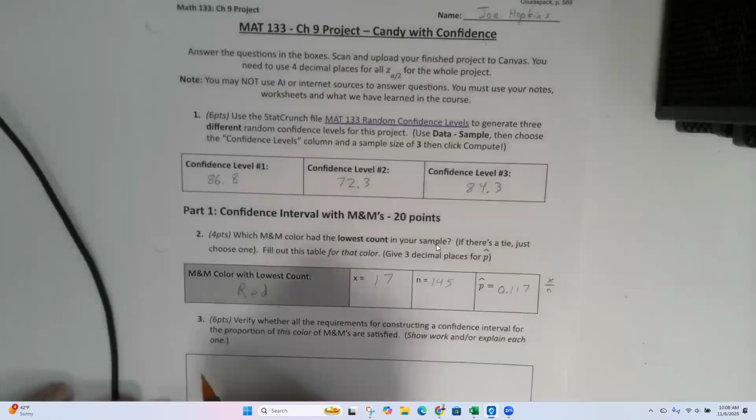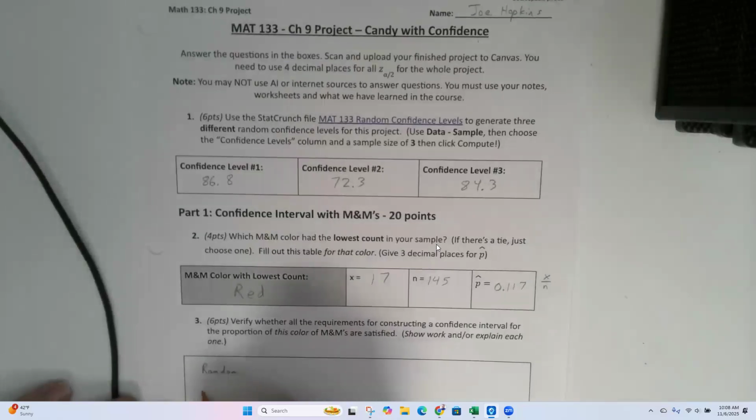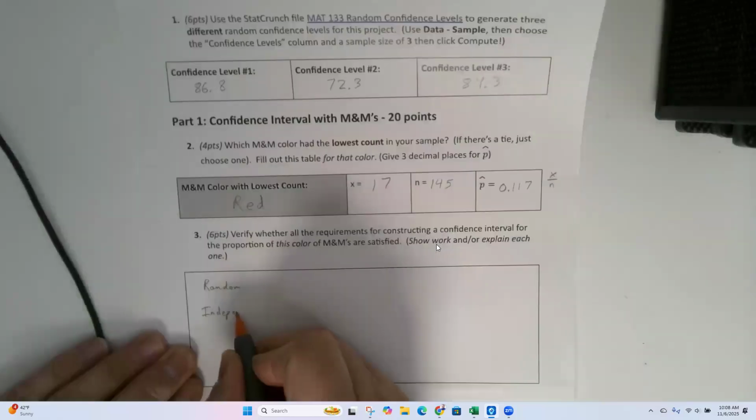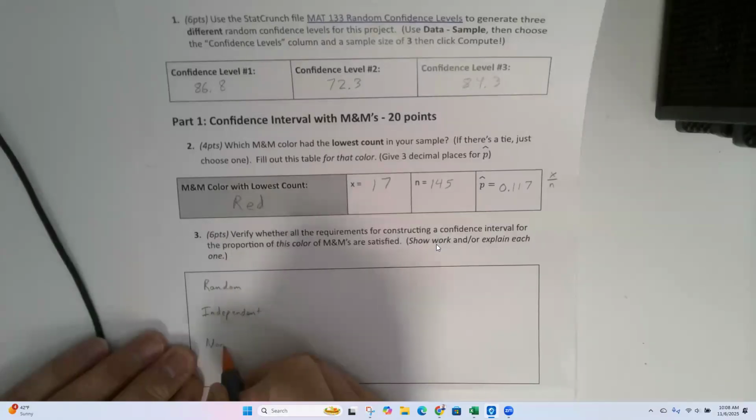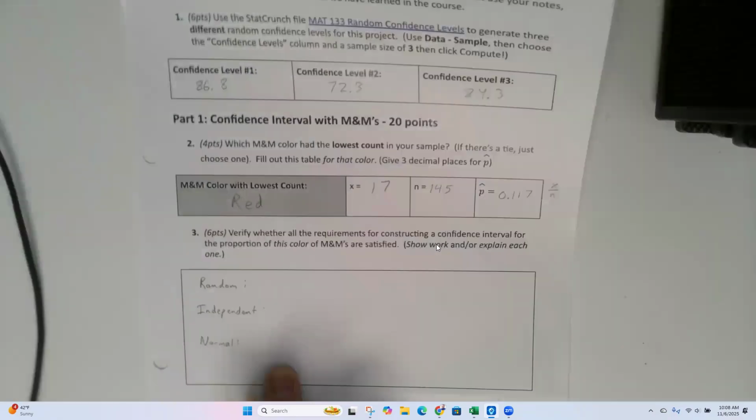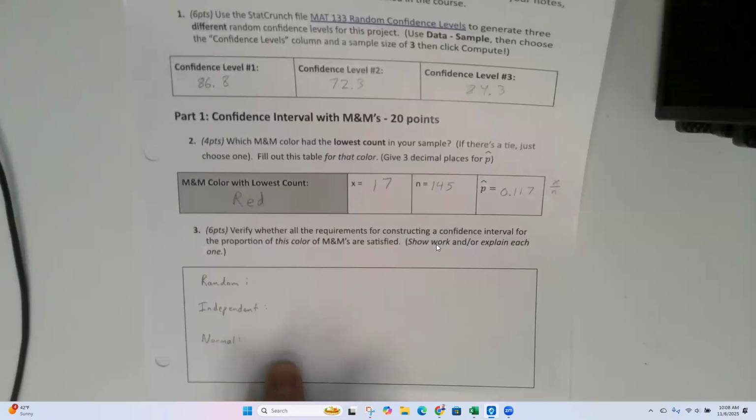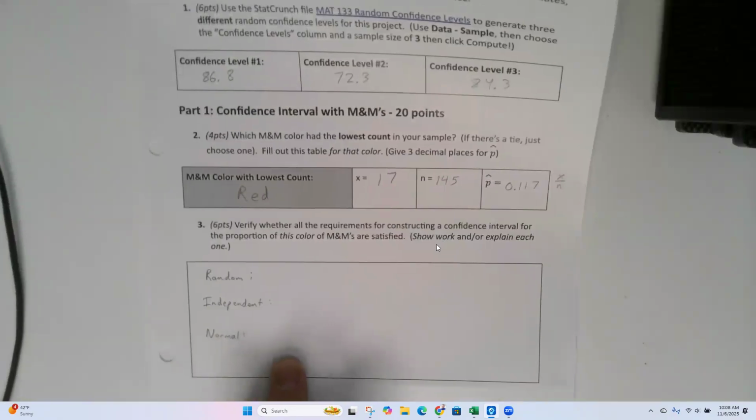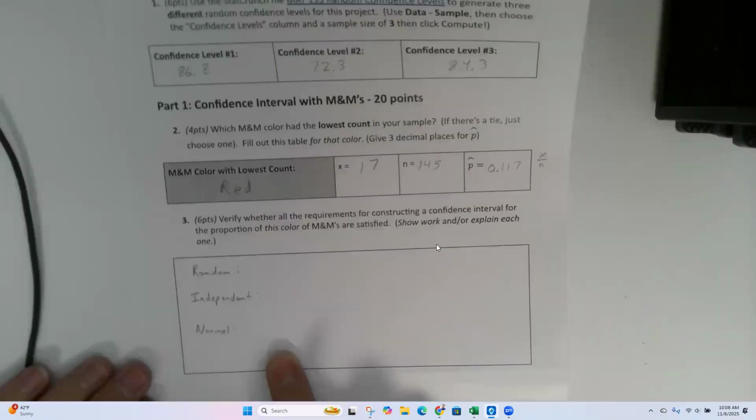You had to make sure that it was random, that it was independent, and normal. So first of all, random.